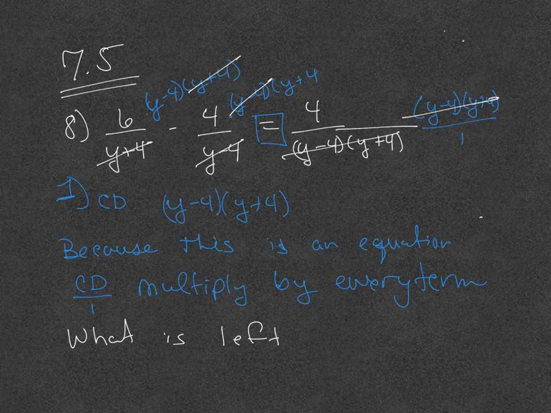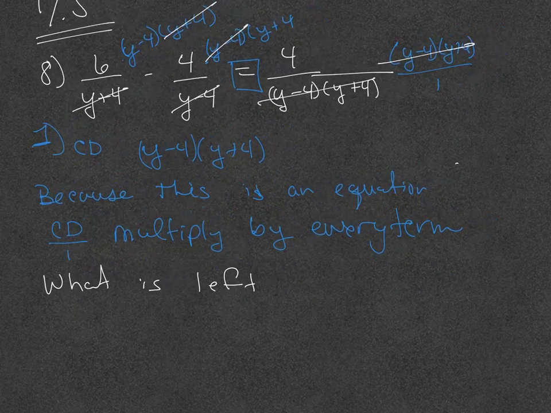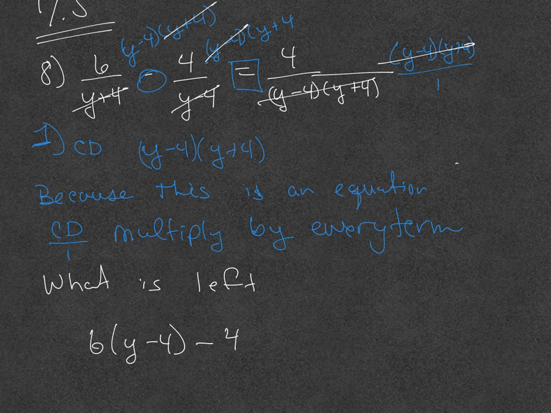Let me move this up a little bit. It's 6 parentheses, y minus 4. Make sure you keep it in parentheses. It's going to be 6 times y minus 4. Be careful that we don't forget there is a negative sign there. So that's now a negative 4 times y plus 4 is equal to 4.